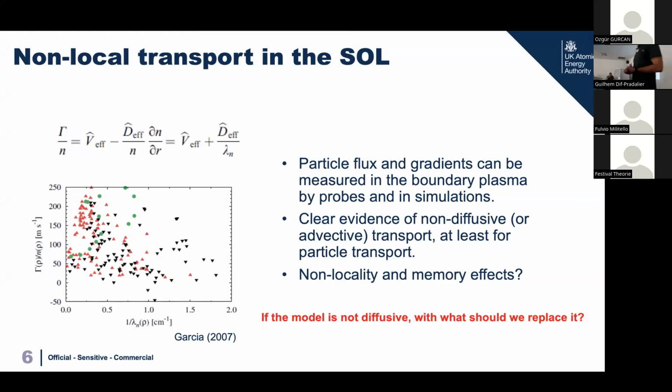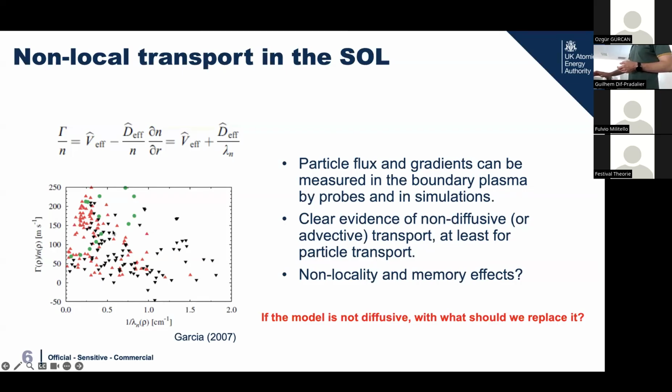And we know it's non-local because we take measurements of particle fluxes and gradients, and we can try to match our observation with a Fick's law approach. So relating the flux with a gradient of the density, for example, or we can extend it also having an advective term. And if this relation, a standard local relation, was holding, we would have just a straight line in this diagram.